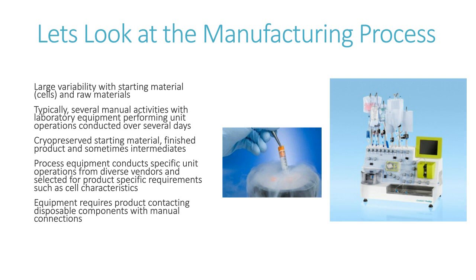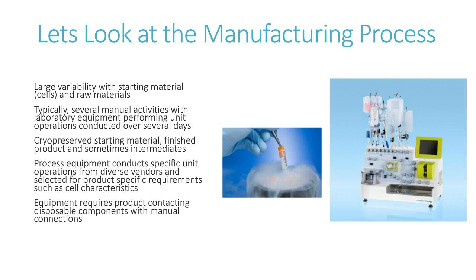You are conducting a number of unit operations where you're separating out cells, modifying the cells genetically, and then growing them in a bioreactor or T flasks, and then harvesting them. But it does happen in a very small footprint of equipment that needs to be set up in a clean room from a GMP perspective, and so that will be very important to us when we talk about MES.